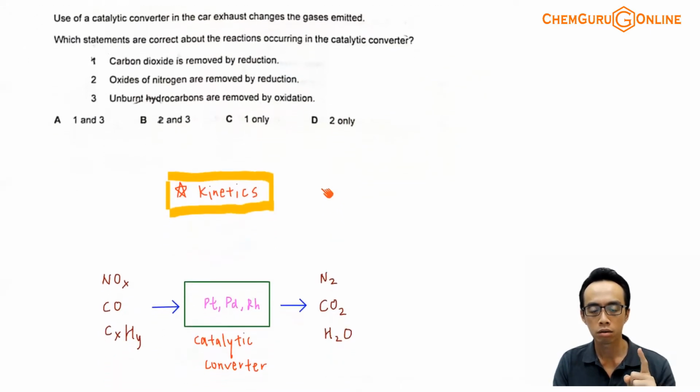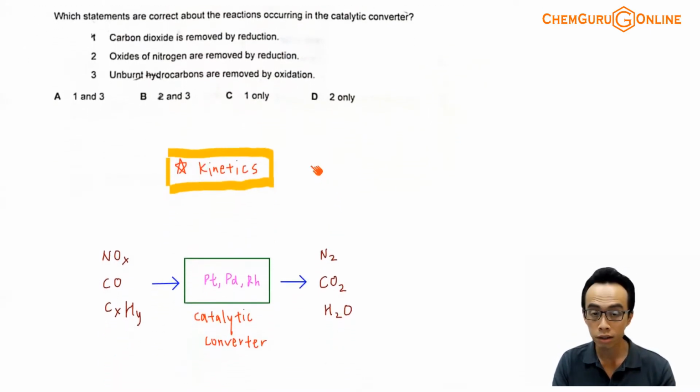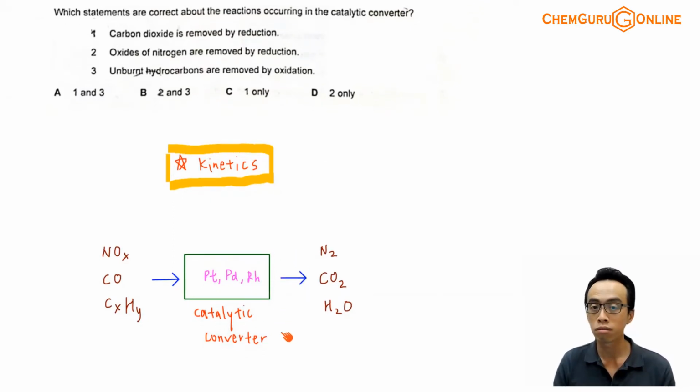Now, the topic tested in this question is under kinetics. In general, we need to roughly have some sense of how a catalytic converter works and what conversions are involved in it. The catalytic converter consists of transition metals.